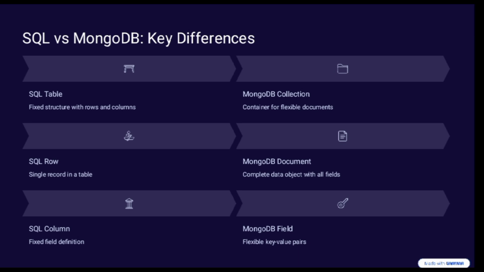In horizontal scaling, instead of using one computer, we use two or three more computers that work together. So MongoDB can handle more data by using more machines instead of upgrading a single machine.